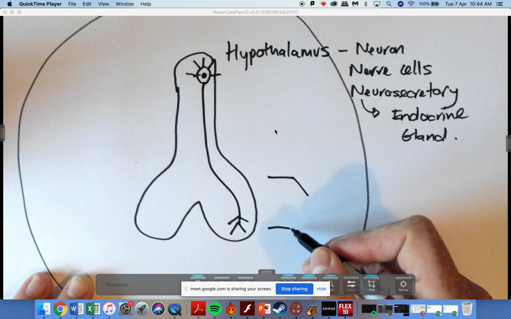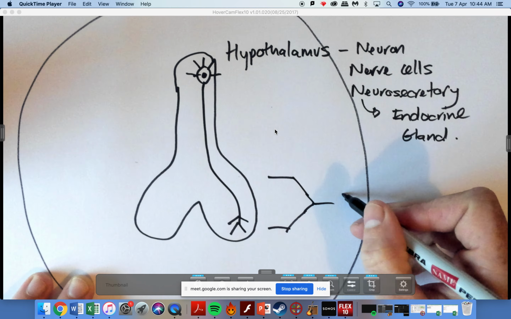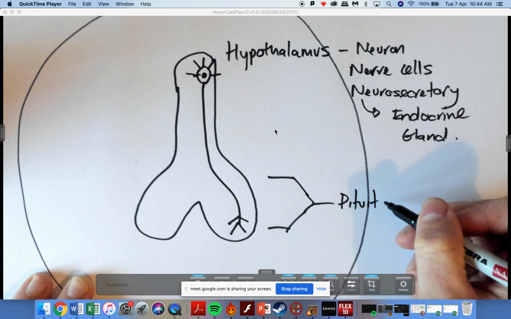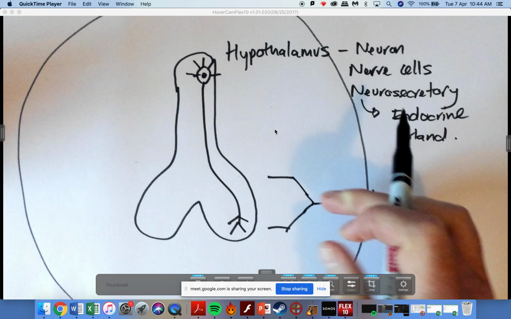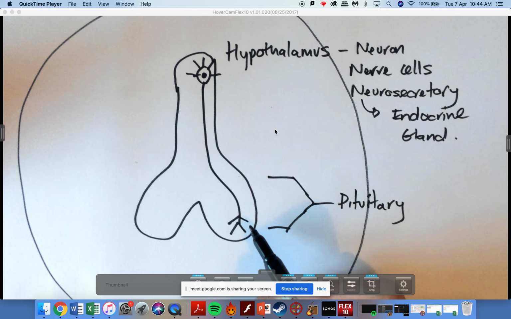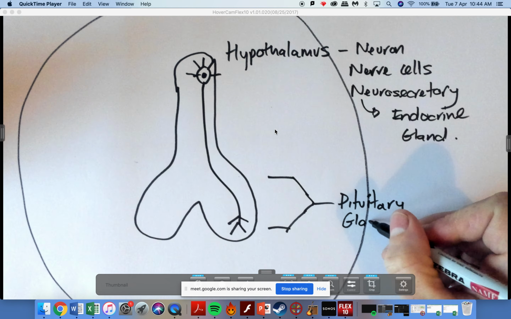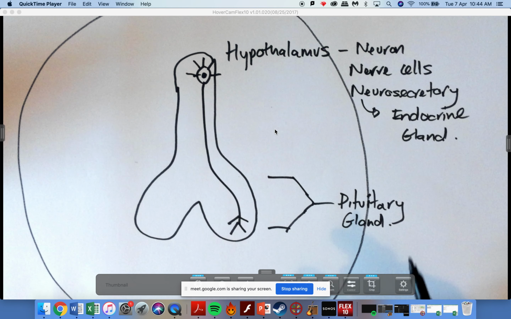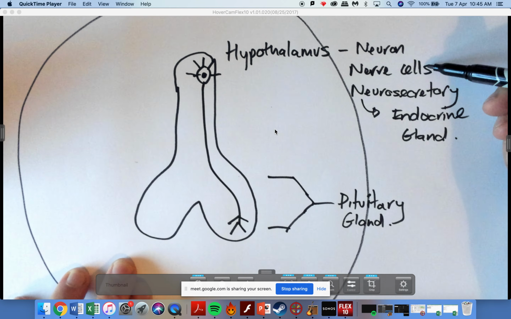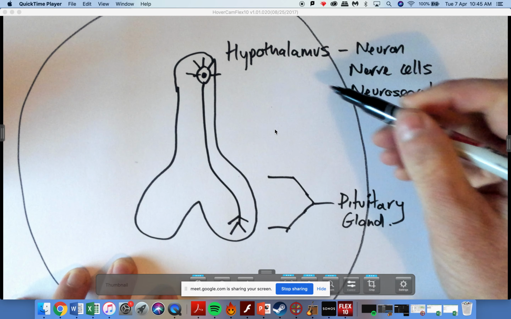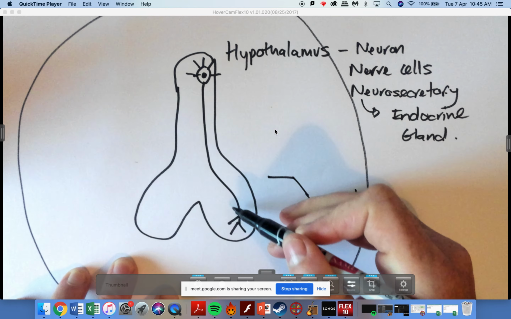And this region is the pituitary. Down at the bottom is the pituitary gland, and there are two sections to it. In the first one, I've shown these neurosecretory cells which reach all the way down.